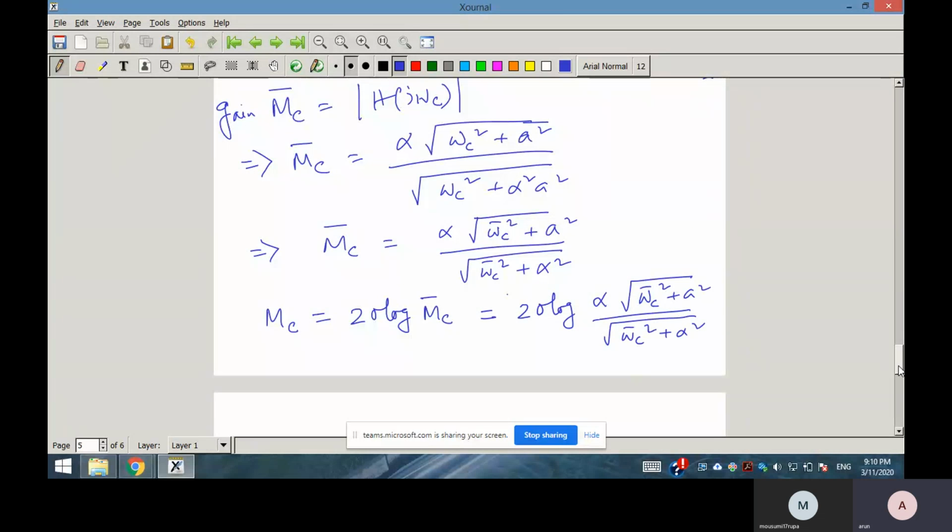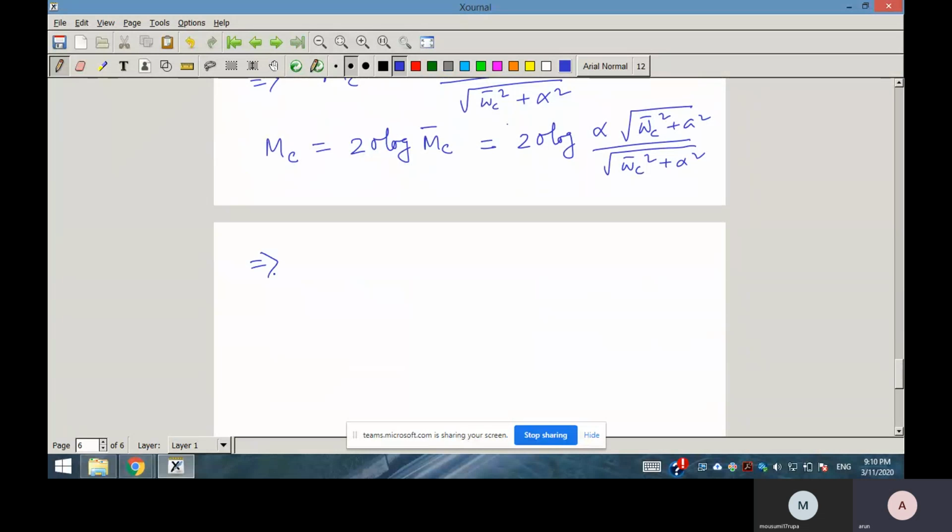So this you can write, this implies MC equal to 10 log of, if you multiply 2, so it will be 10 log of this square, that means alpha square into omega c bar square plus a square divided by omega c bar square plus alpha square.